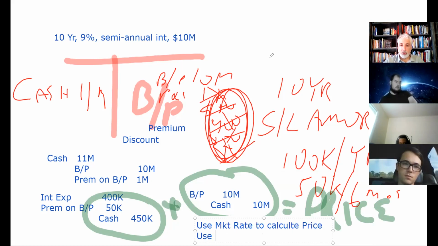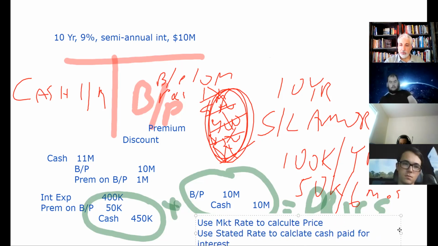Use stated rate to calculate cash paid for interest. So that $450,000 is based on the 9%.